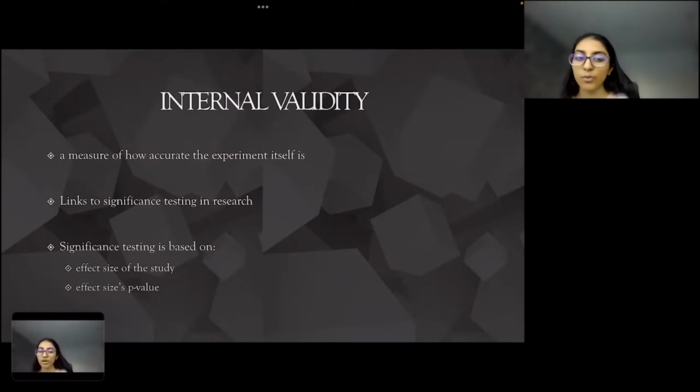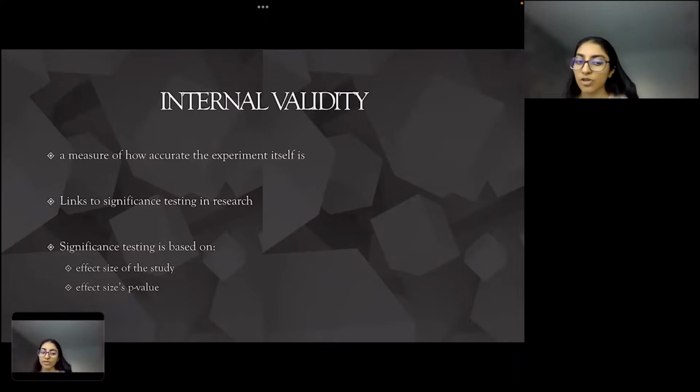So if, for example, p is 0.05 for a relationship, which is normally the boundary, then assuming that the internal validity is accurate, there's a 95% chance that the relationship is due to the manipulation of the variables, and a 5% probability that it was caused by random chance.